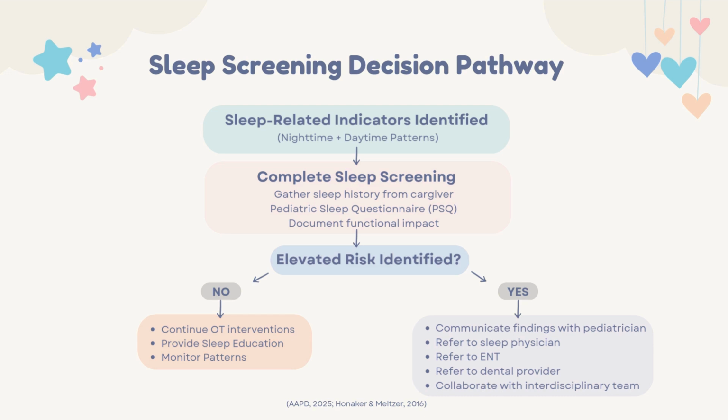If the risk appears low, we may continue occupational therapy interventions, provide sleep education, and monitor patterns over time. But if the risk appears elevated, we communicate findings and collaborate with the appropriate provider, whether that is a sleep physician, an ENT, or even a dental provider. Throughout the process, collaboration remains ongoing.